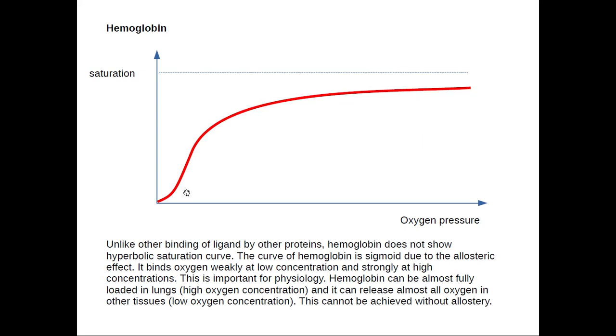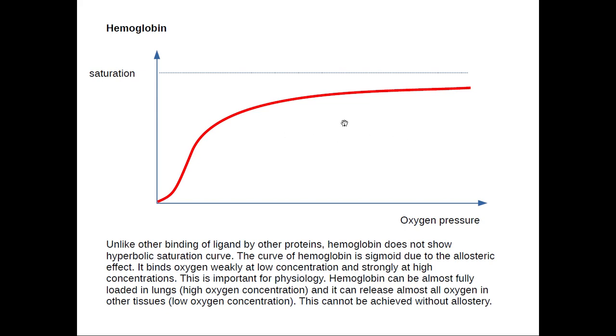If you imagine prolonging this curve like this, then such a hemoglobin would be 50% saturated in lungs and 10% saturated in liver.